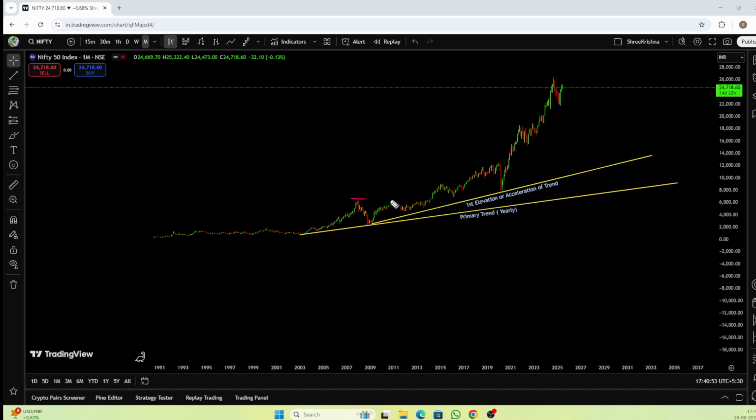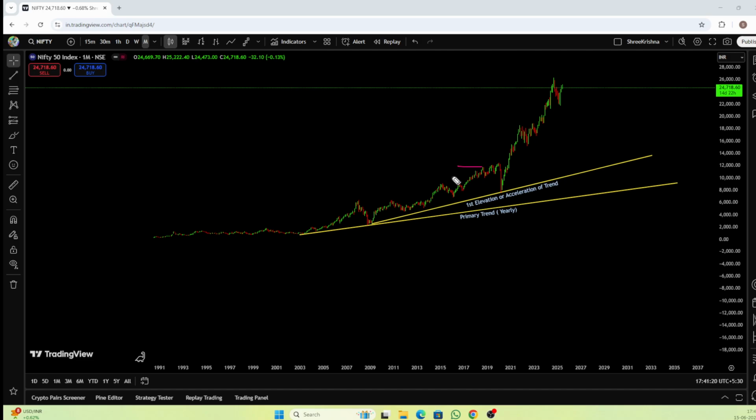It barely makes a new high, it fails, and this becomes a new high. Then it does not tag that trend line, because when this was printed, the trend line was like this. So it does not tag the trend line and it makes a new high. That is the first criteria, that it has made a new high.